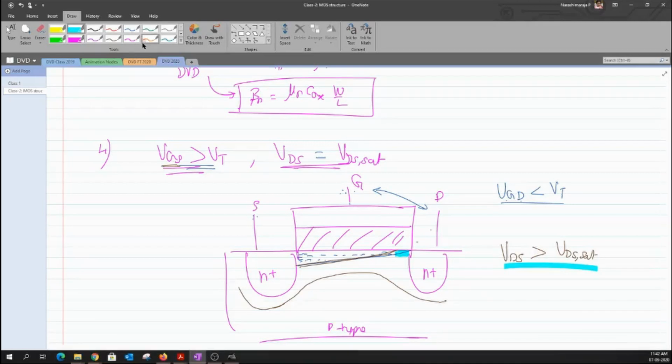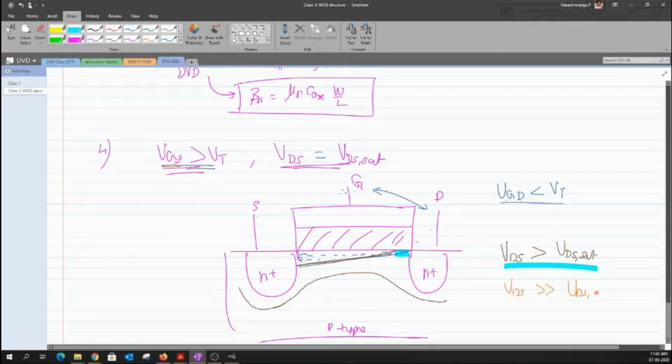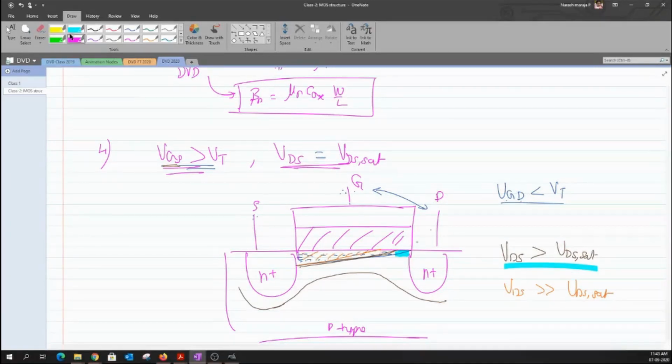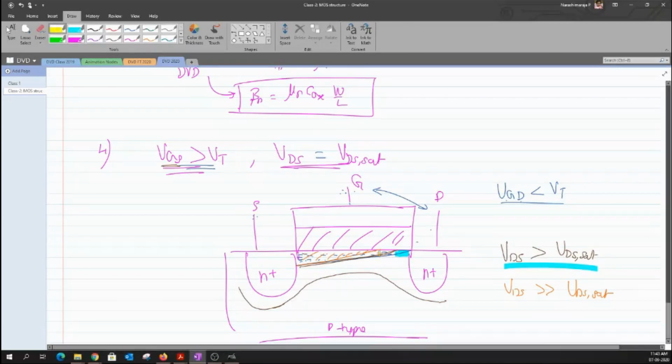And when you increase the value of VDS further, your channel gets further tapered, and you will have electrons only within this orange zone. It leaves no free carriers in this particular regime.